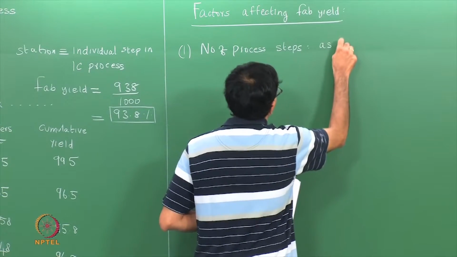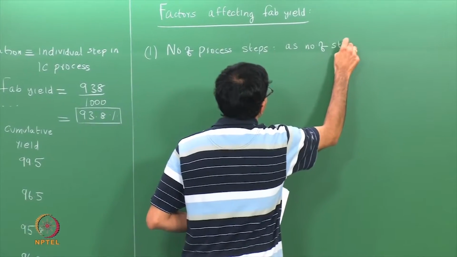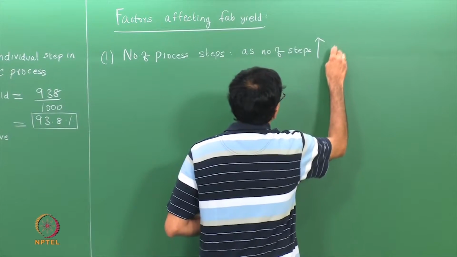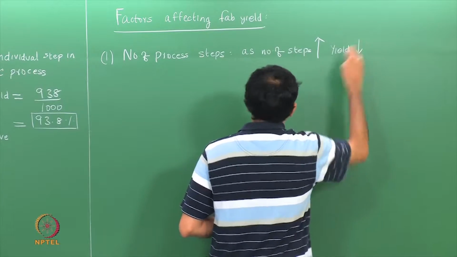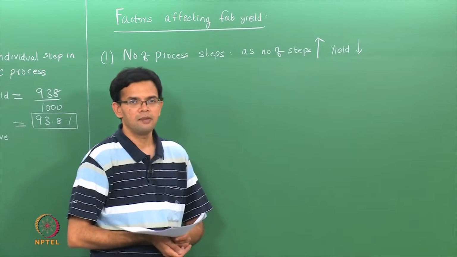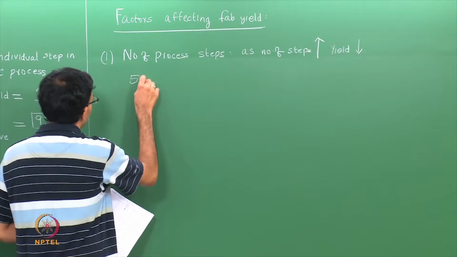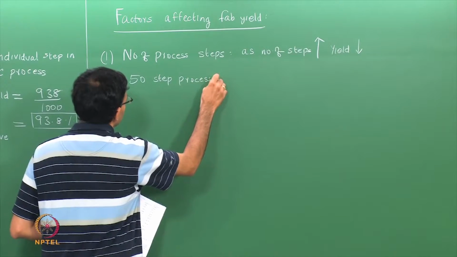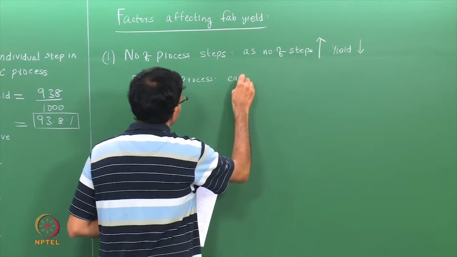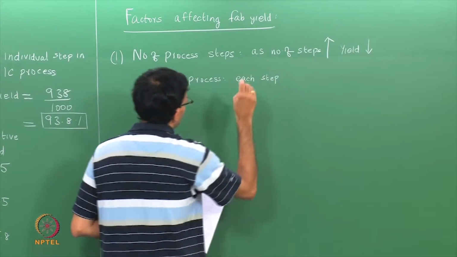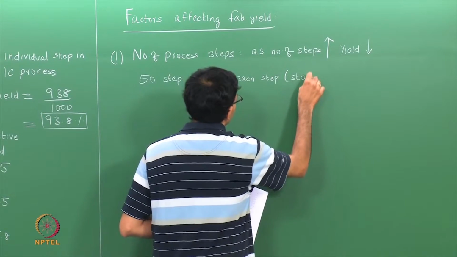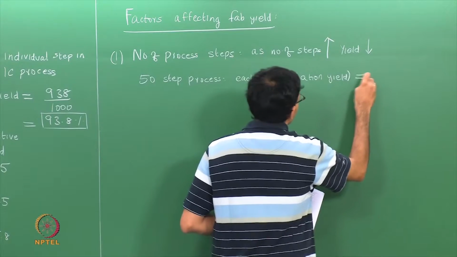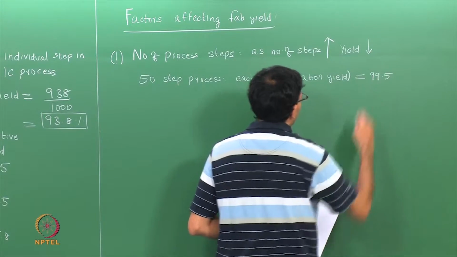So, as the number of steps increases, the yield will reduce. For example, let us say you have a 50 step process, and each step, which is your station yield, has a value of 99.5.